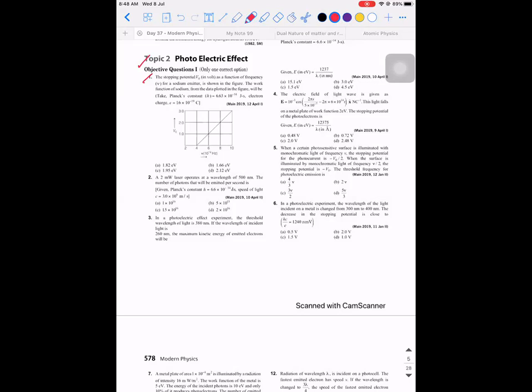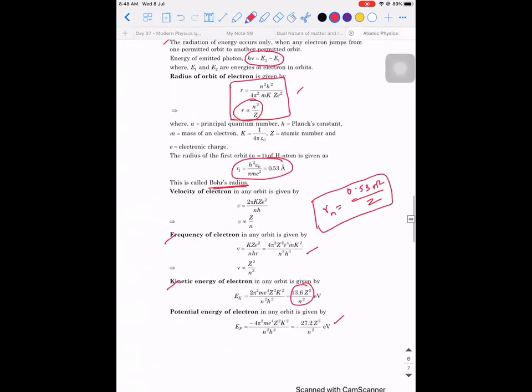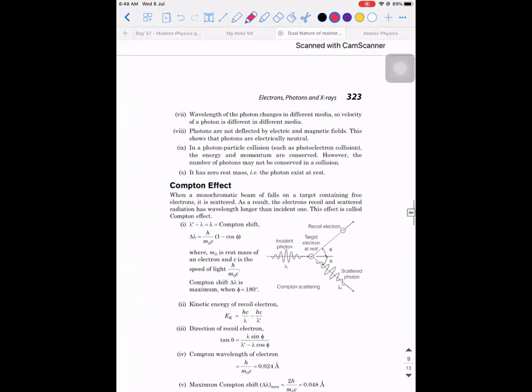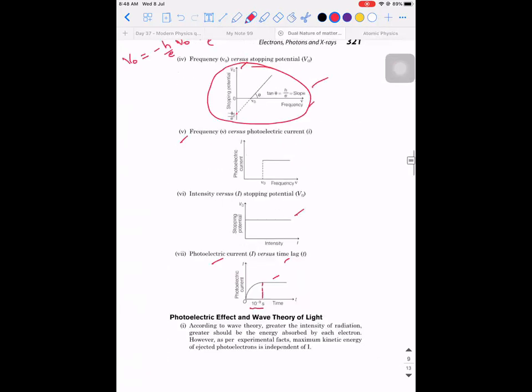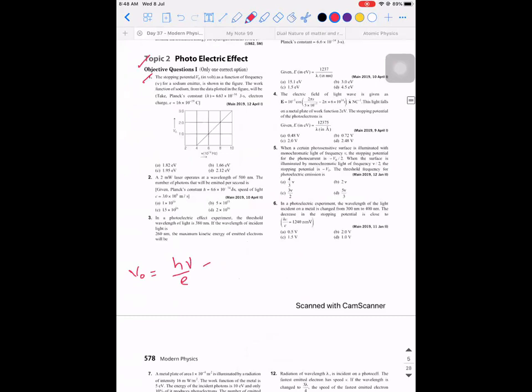This h into nu naught is what we call the work function. So what are all the values that are known?